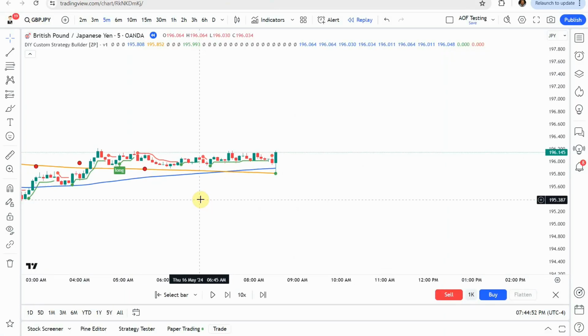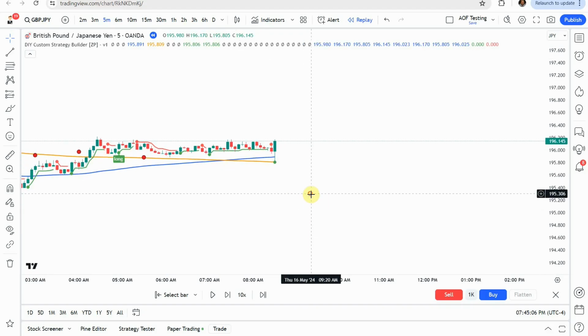Alright, as I said, today we will be testing a Forex scalping strategy. And so the source video says, do this and make money trading with the best all-in-one indicator on TradingView. And so of course we're going to put that to the test and see what we can get out of this strategy.